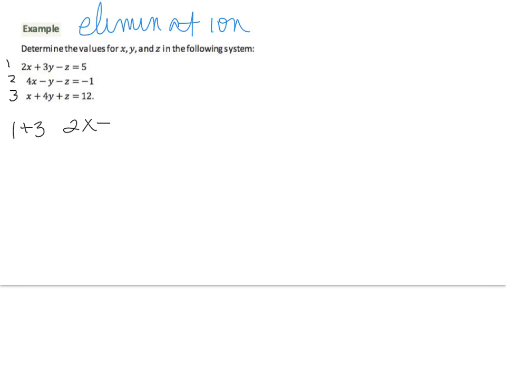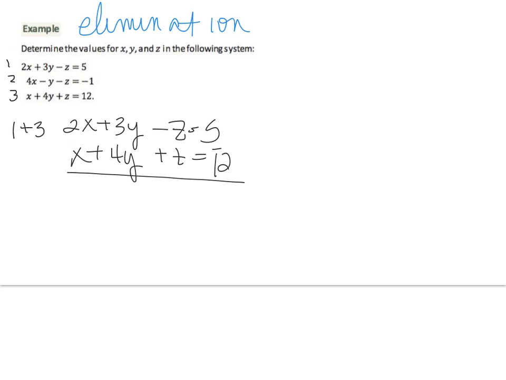So 2x plus 3y minus z equals 5, and x plus 4y plus z equals 12. So add those together. I have 3x plus 7y, the z's cancel, equals 17. Now I think I'm going to take equation 2 plus equation 3.